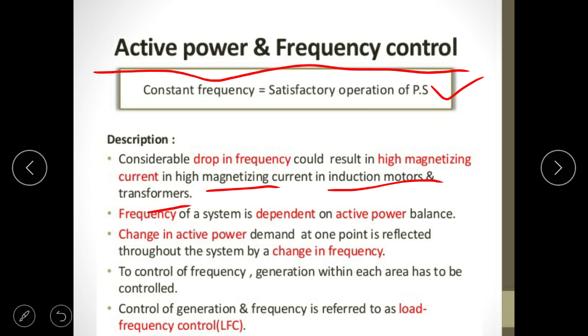It means if there is a slight change or drop in frequency, then the magnetizing current in induction machines like induction motors and transformers increases, due to which losses in the machine increase, which may damage the winding of the machine or create harmonics.